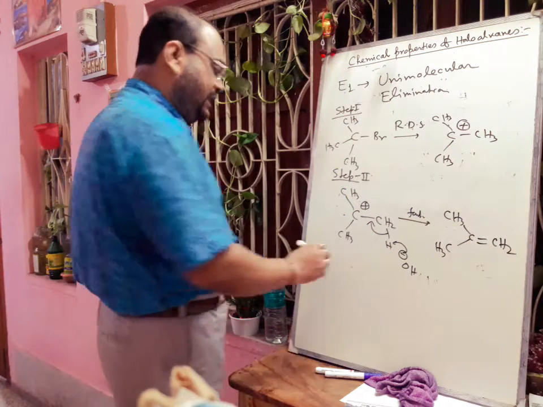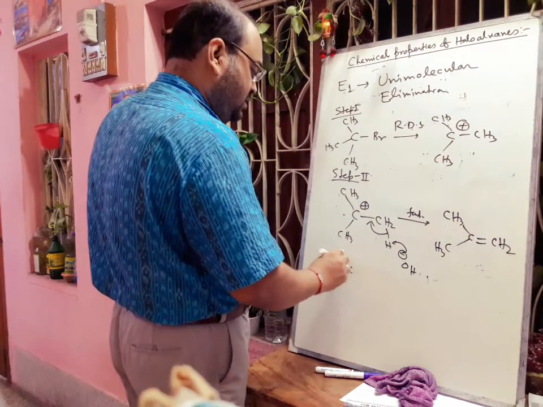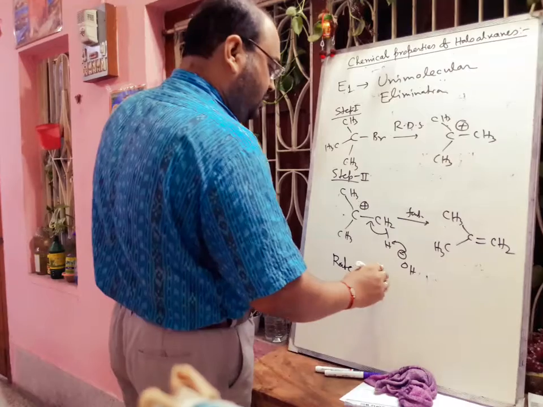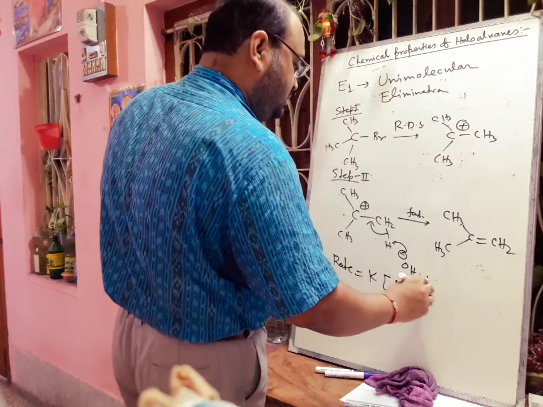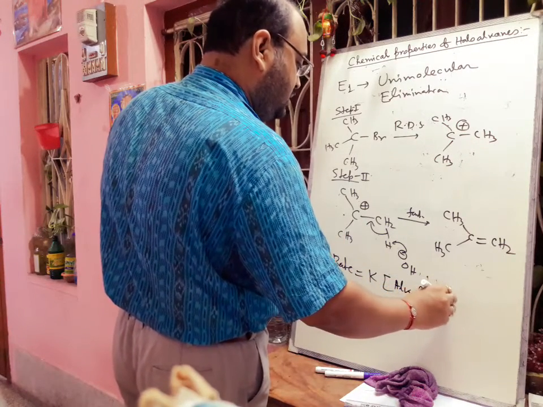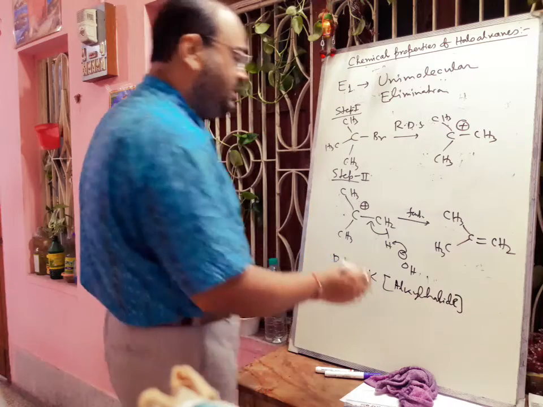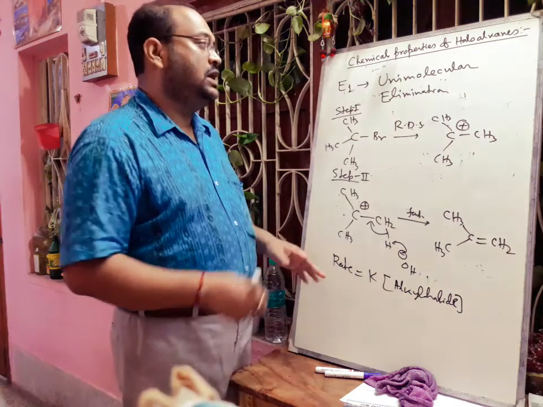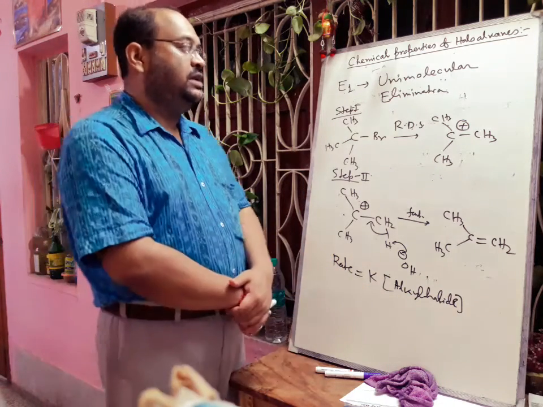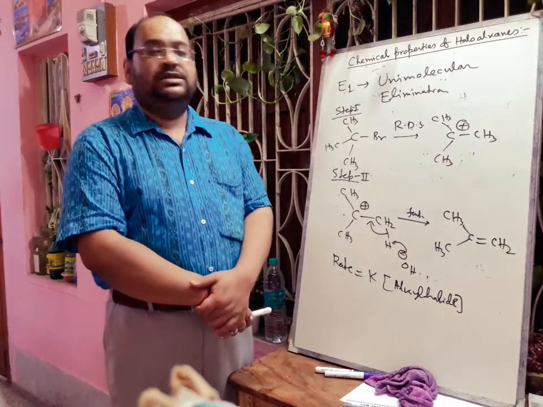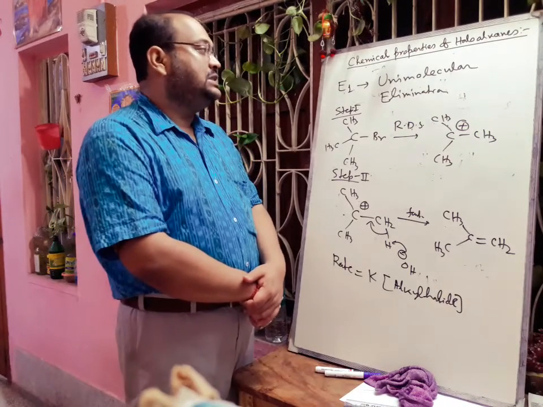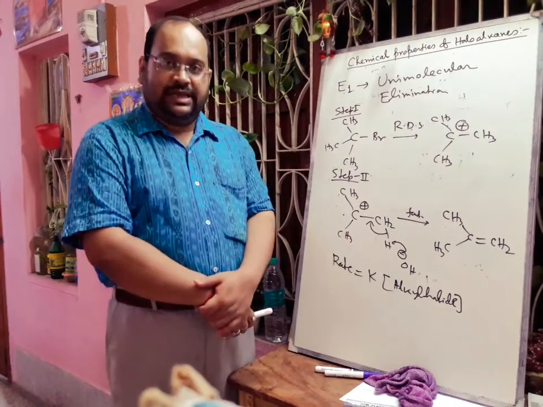If we write the rate of this reaction, it will depend only on the alkyl halide. As the rate depends on only one molecule, the reaction is unimolecular, and this is called a unimolecular elimination reaction.